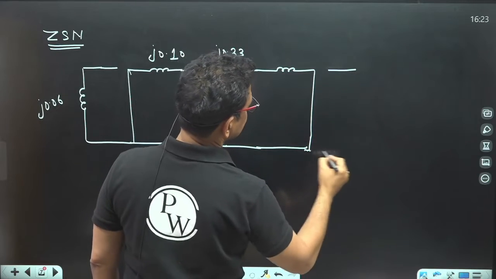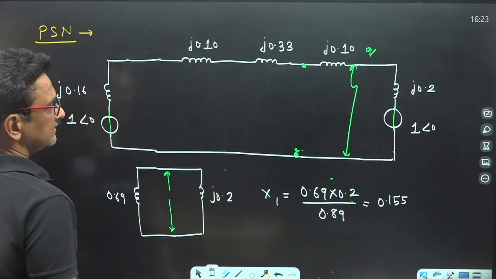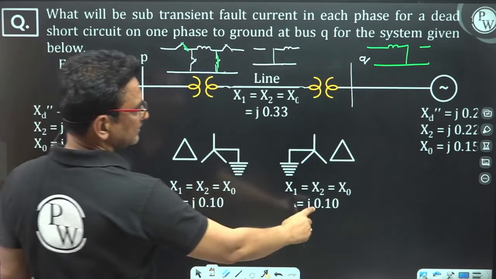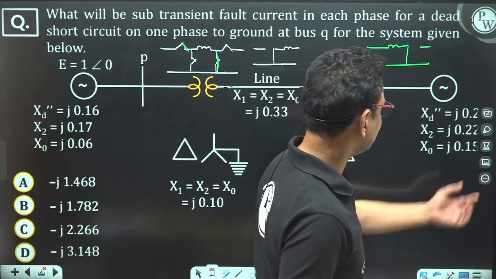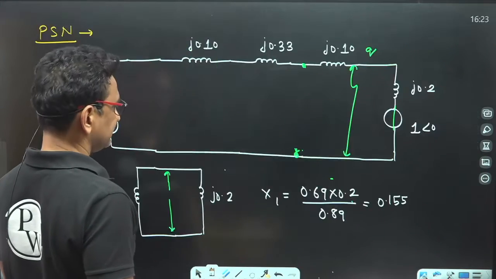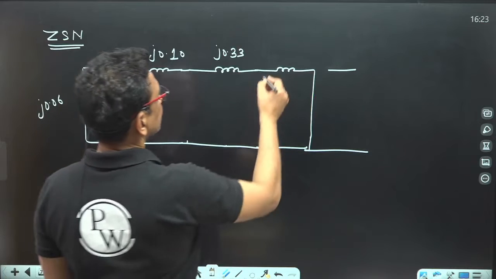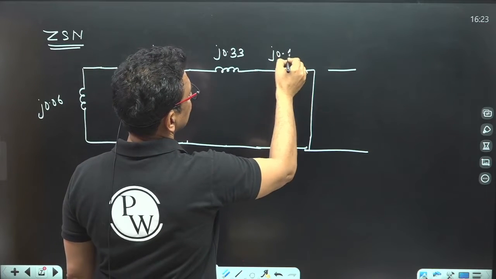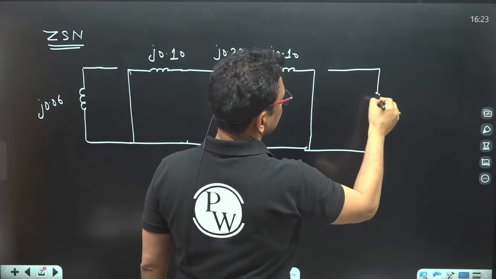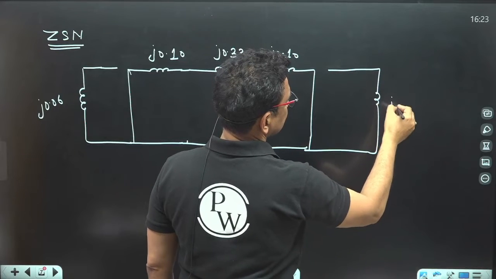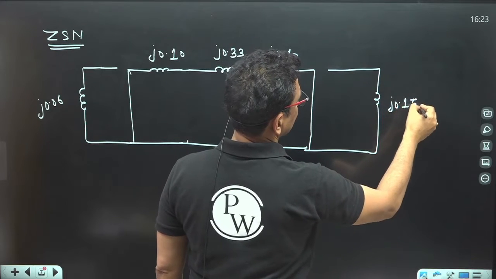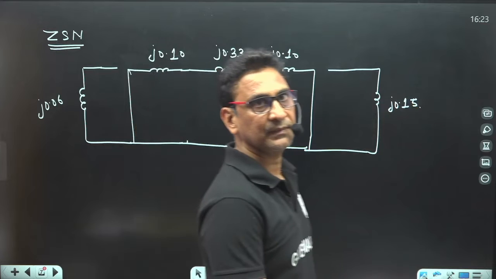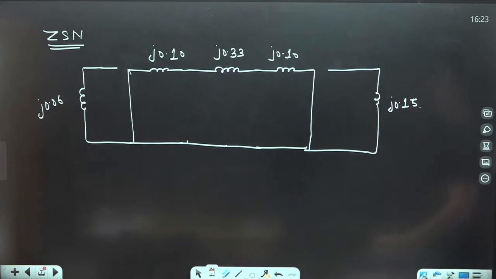This is the circuit. Its reactance value is j 0.10 and finally j 0.15. Clear?